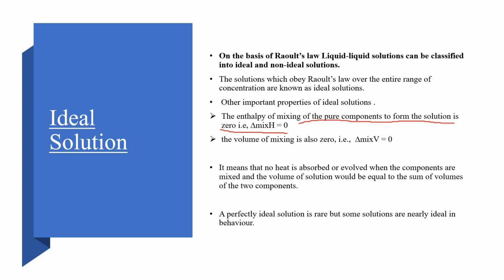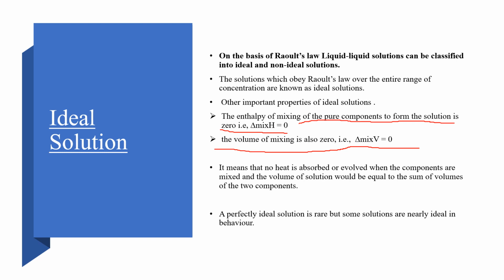That is, the change in enthalpy on mixing for an ideal solution is always equal to zero. Similarly, the second important property is that the volume of mixing is also equal to zero. It means the change in volume on mixing will also be equal to zero for an ideal solution.